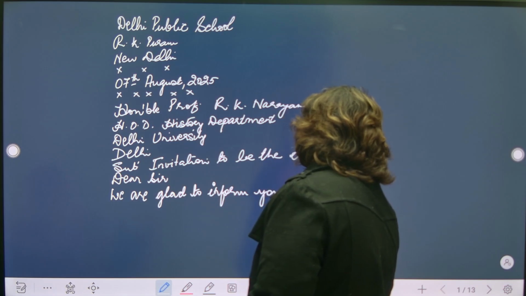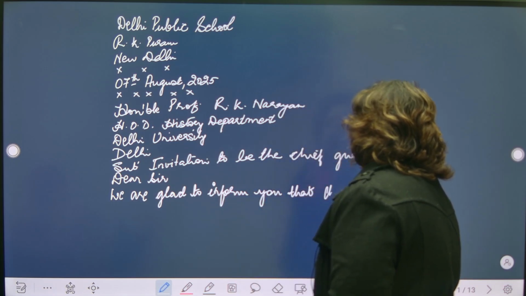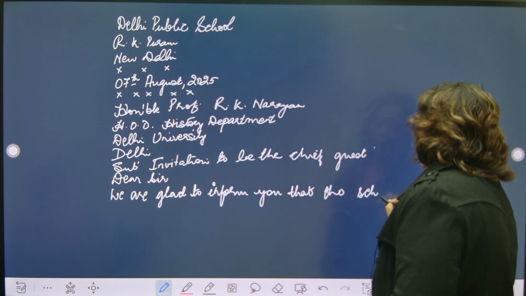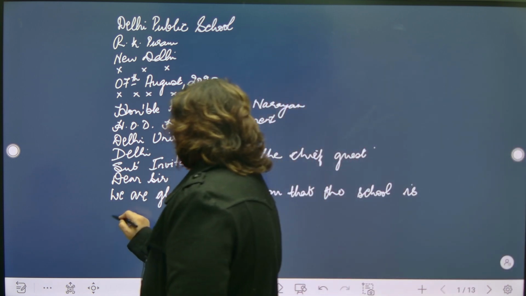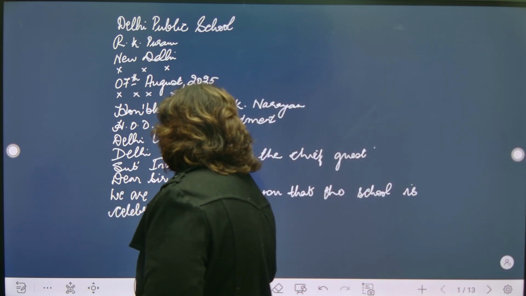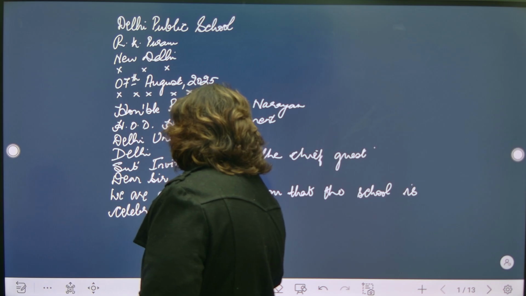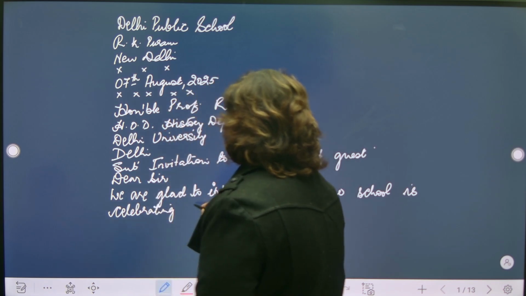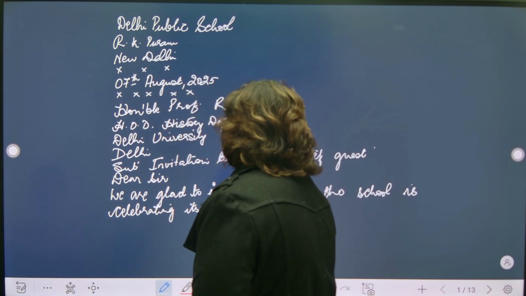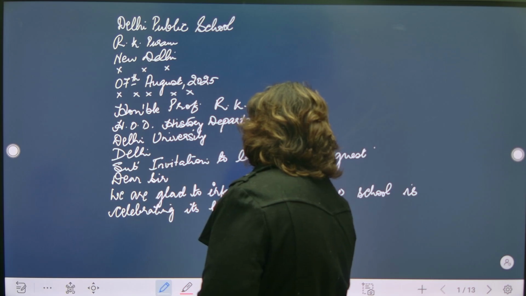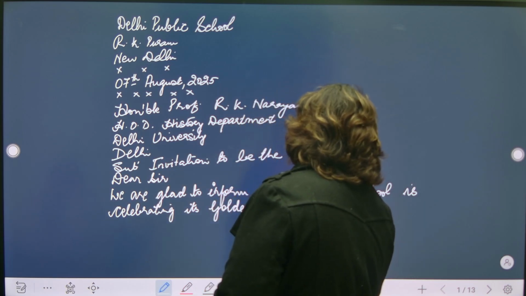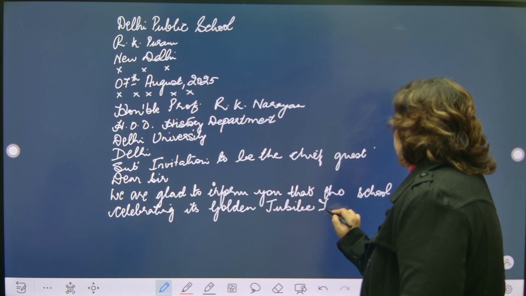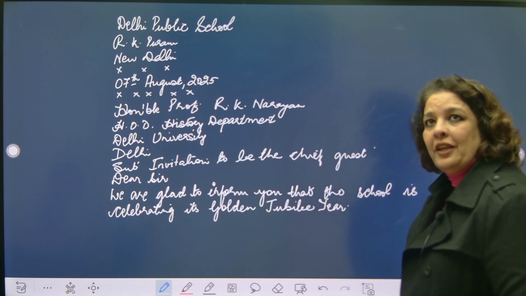General introduction. We are glad to inform you that the school is celebrating its golden jubilee year. Fine.